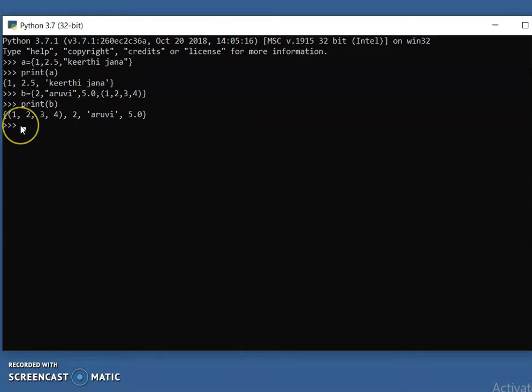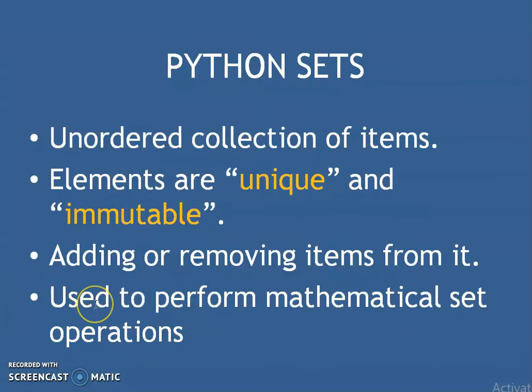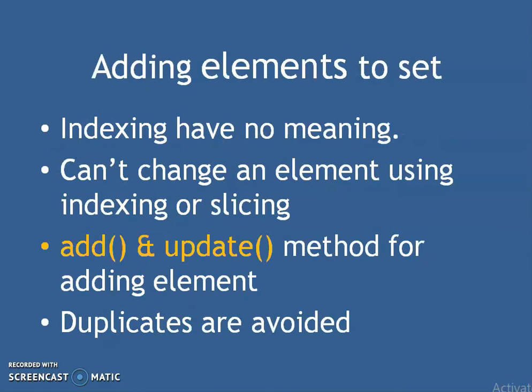Then let's see how to add elements to a set. We have seen Python sets already, so now adding elements to a set. Indexing has no meaning, and we can't change an element using indexing or slicing.